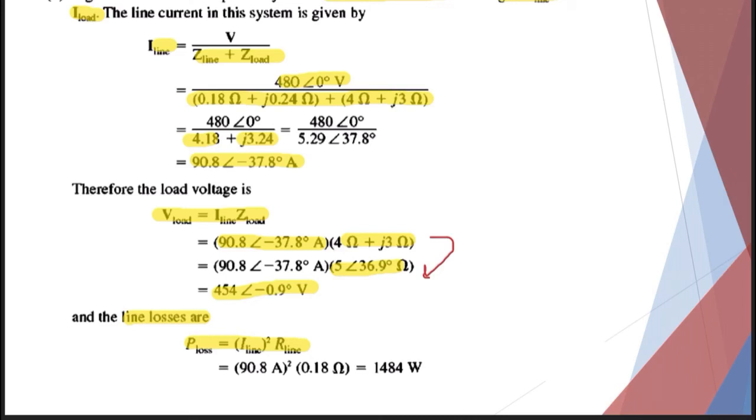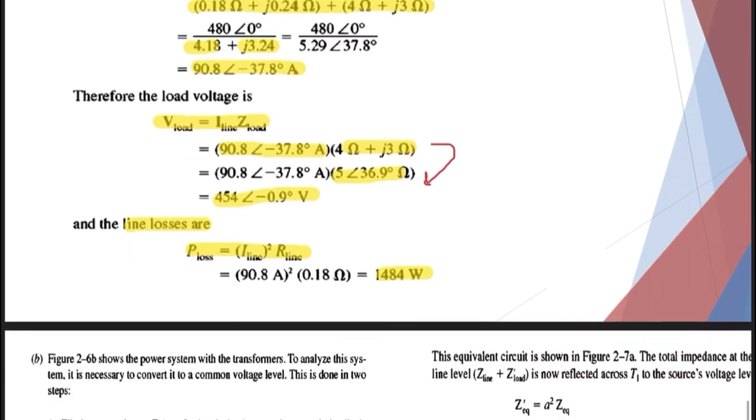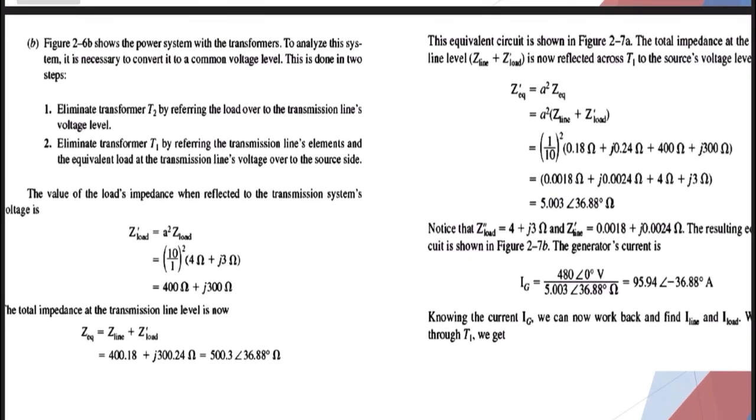So the losses will be 1484 watt. This is the answer. We already calculated the voltage and the losses in watt. Now let's start part B.